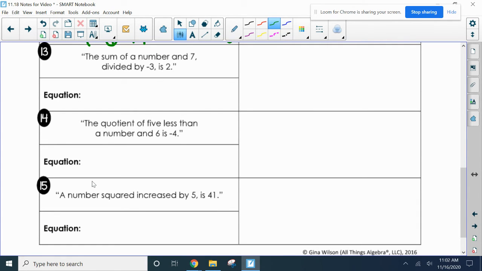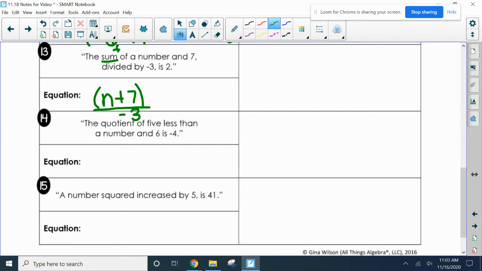So the sum of a number, we know, is addition. And the sum of a number and 7, so we're adding a number and 7. The sum, so the answer of that, divided by negative 3. So that answer divided by negative 3.